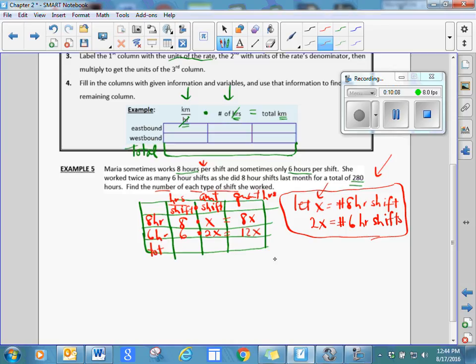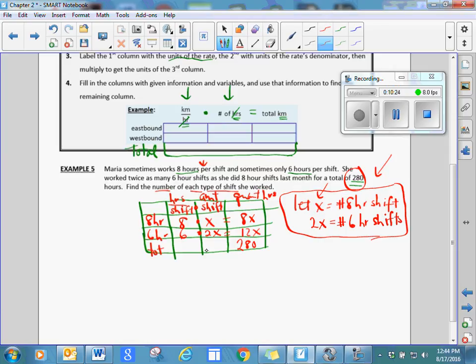And then this total column, this is where this 280 comes in, because we know however many hours she worked in the 8-hour shifts plus however many hours in the 6-hour shifts gives you a total of 280 hours.